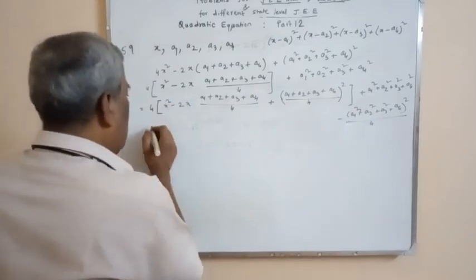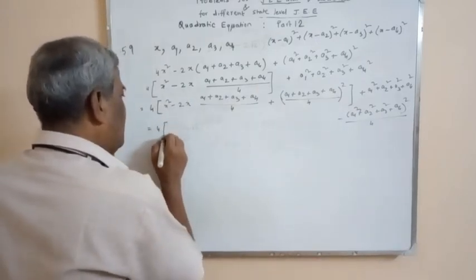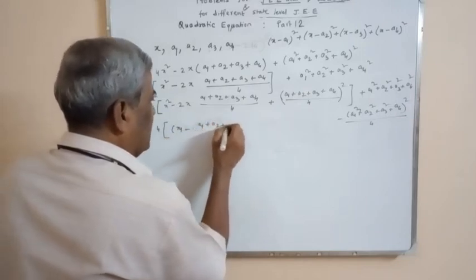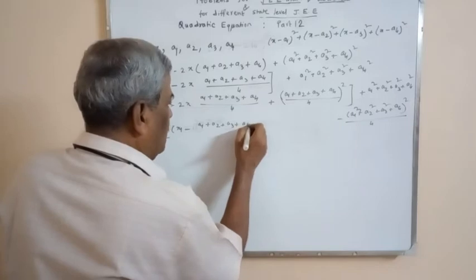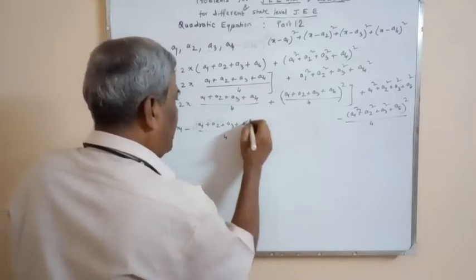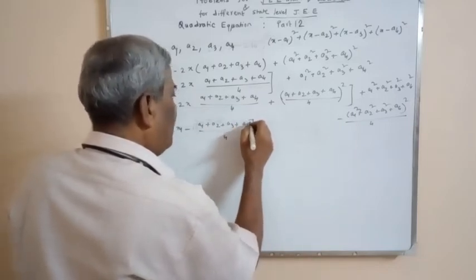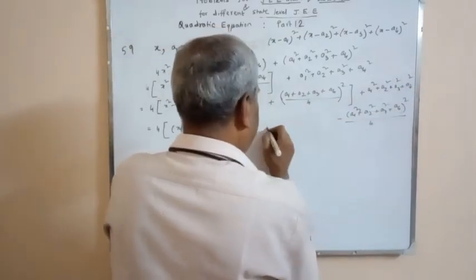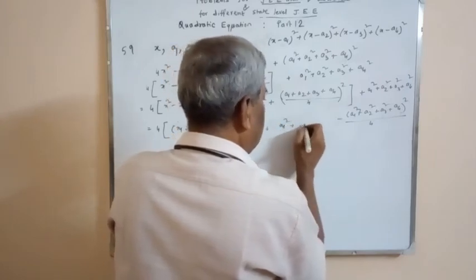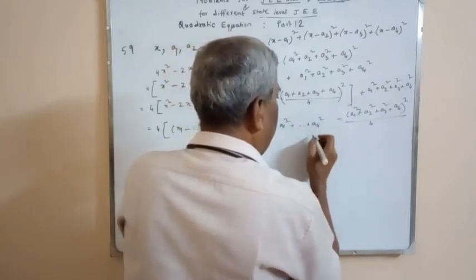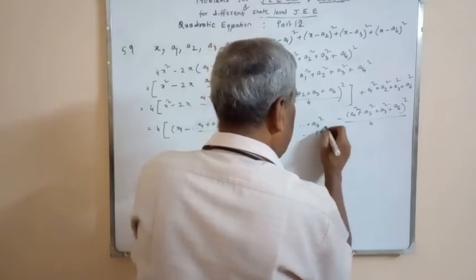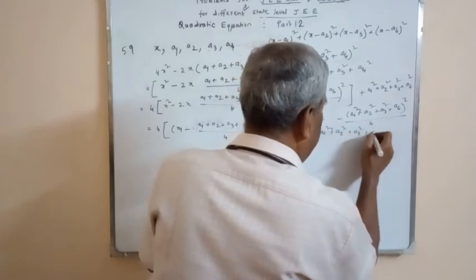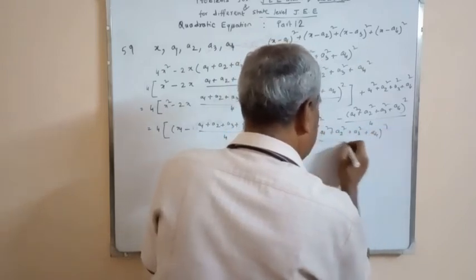And actually it is equal to 4 times (x1 minus (a1 plus a2 plus a3 plus a4) by 4) whole square, plus this thing, minus this by 4.